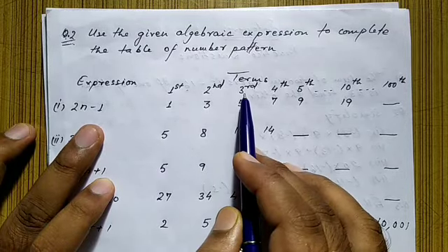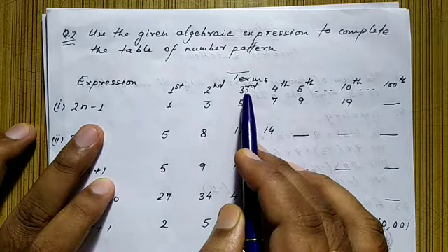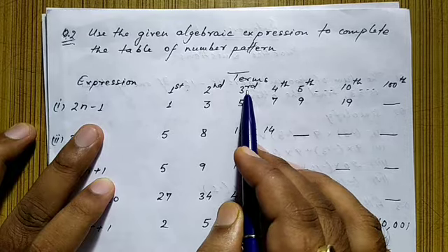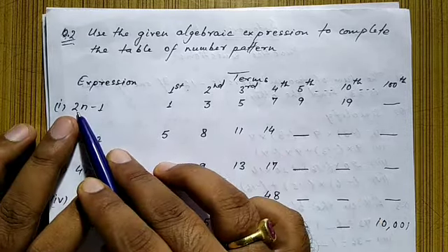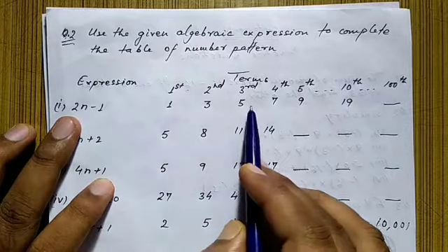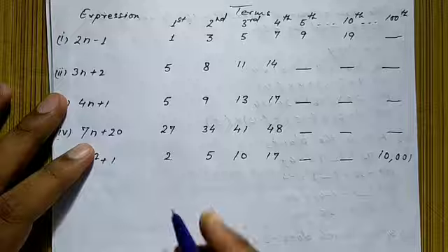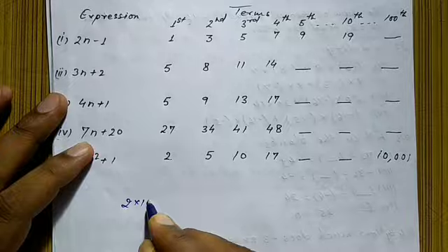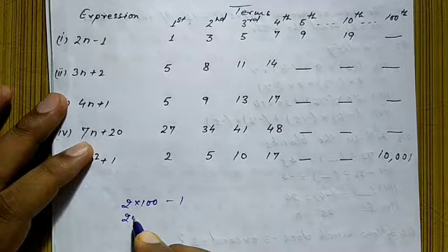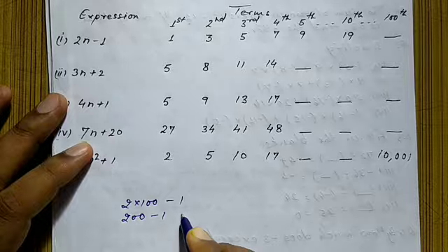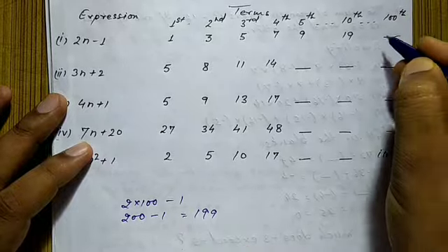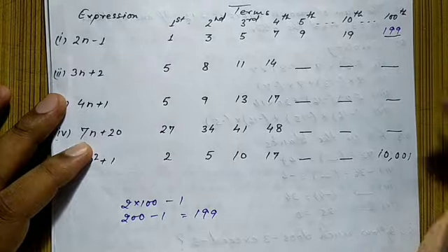Okay, if you start to do third term, n is equal to 3, 3 twos are 6, 6 minus 1, that is 5. So the 100th term, I already told how to do: 2 into 100 minus 1, that is 200 minus 1, that is 199. Okay, so here 199.